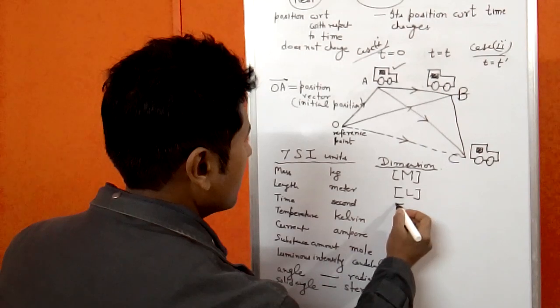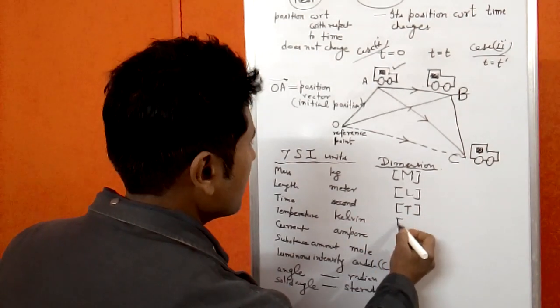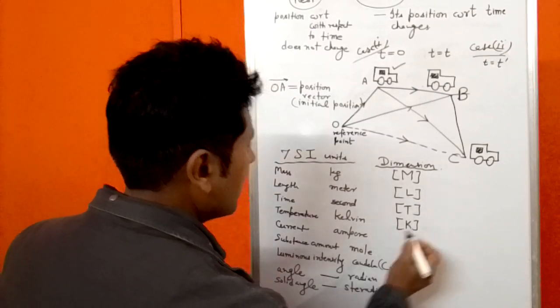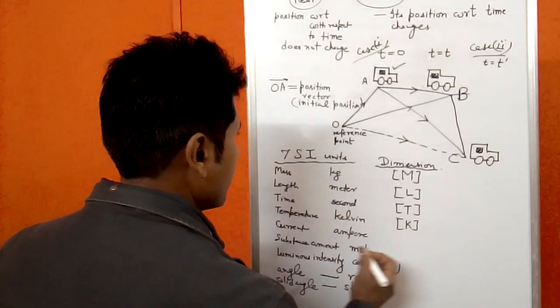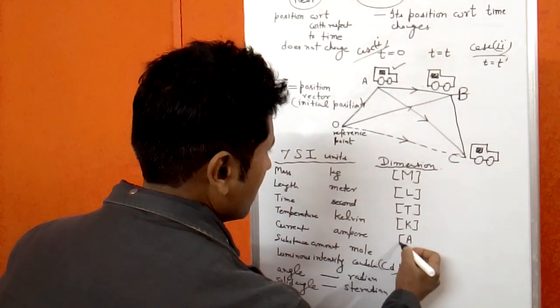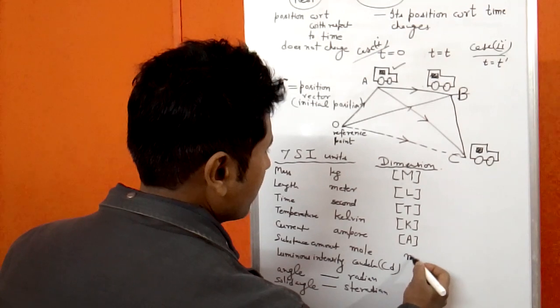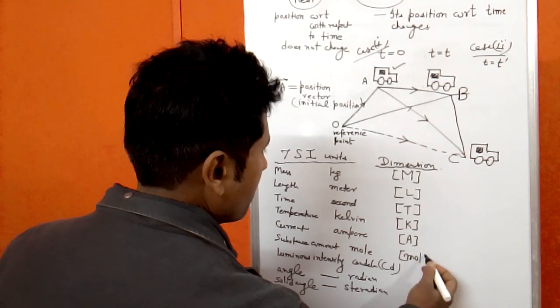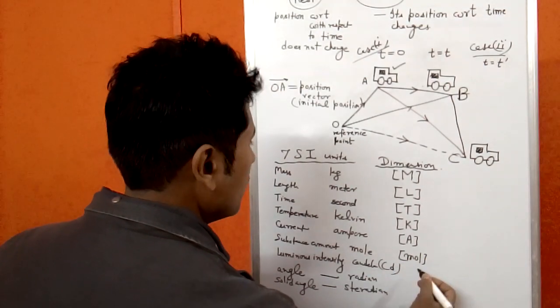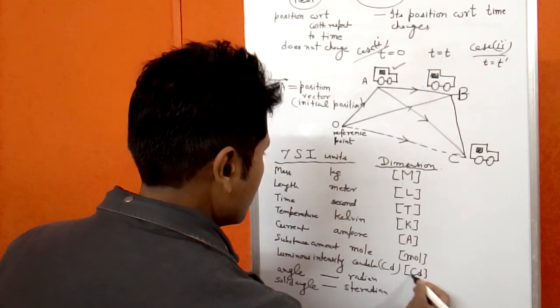Time, of course, capital T. And temperature in Kelvin like this. Current, ampere, of course, like this. Mole, it is of course denoted in mole. Then luminous intensity, it is denoted in candela like this.